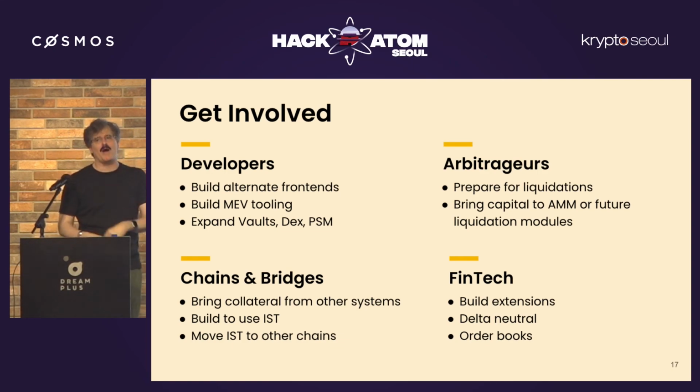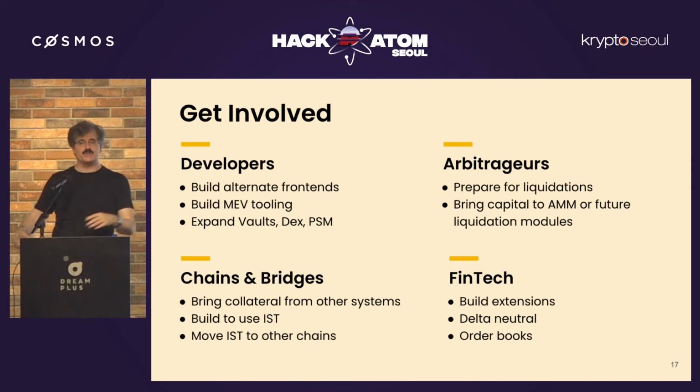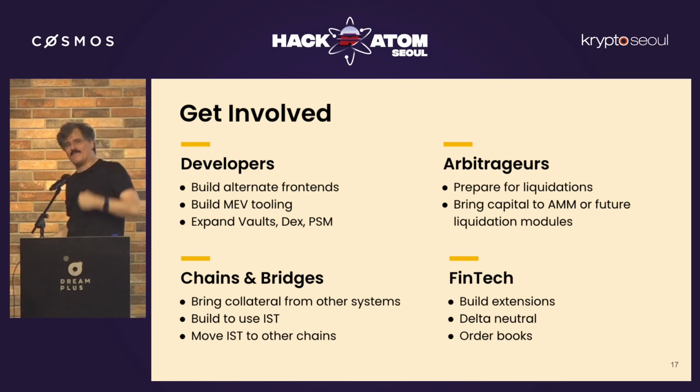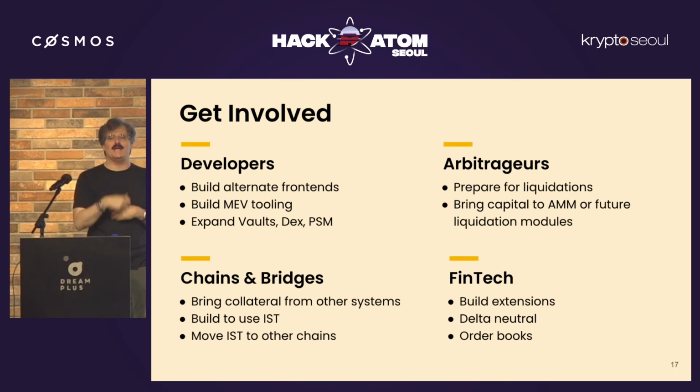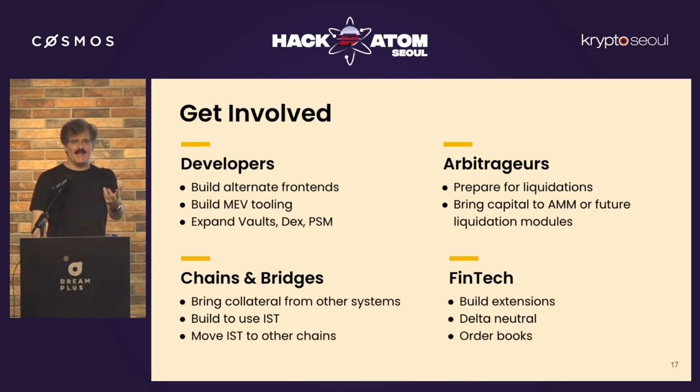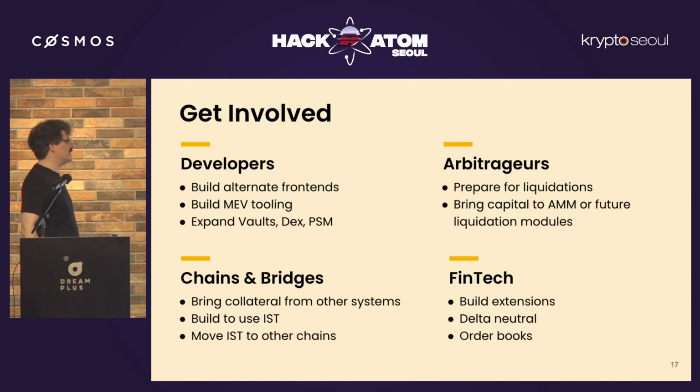If you're running stable swaps, make sure that this is one of the things available, so it's very easy for people to bring USDC over Axelar and USDC over Thorchain and USDC over wherever it is, which are all these different denoms in IBC, bring them over, convert them through the PSM to one IST and use it on a bunch of different platforms, right? Whatever that mechanism is, there are places where you can extract value while providing good and useful service to the rest of the ecosystem.